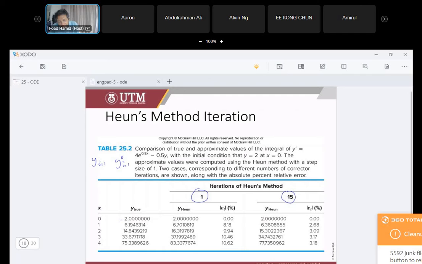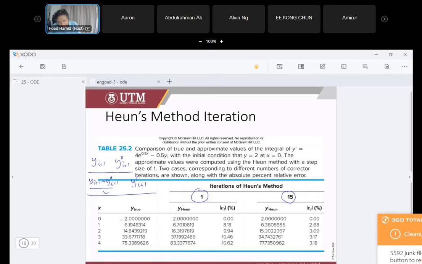The second one, this is the first iteration. The second iteration is the average of yi plus 1 plus y naught i plus 1 divided by 2. And then you get y1 i plus 1. So this is the second iteration.